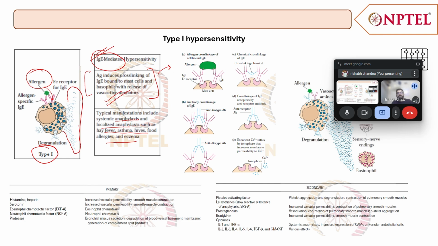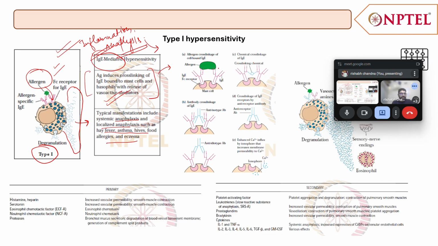Okay, so this leads to the release of different molecules like histamine or leukotrienes that increase inflammation. Okay, basically anaphylaxis. So this will actually lead to reddening of the eyes, sneezing, fever, and a slight increase in the temperature of the body. So these are the symptoms of this particular allergy.